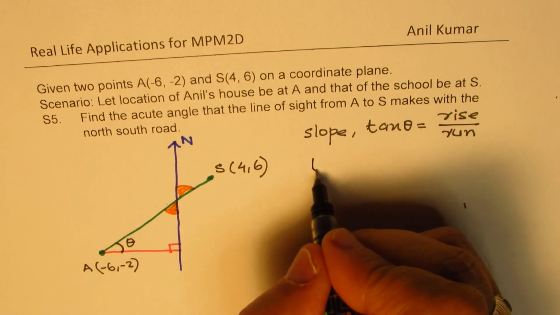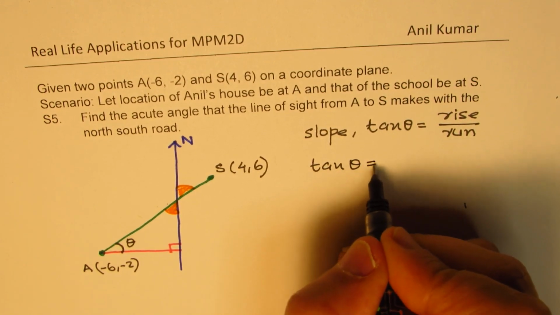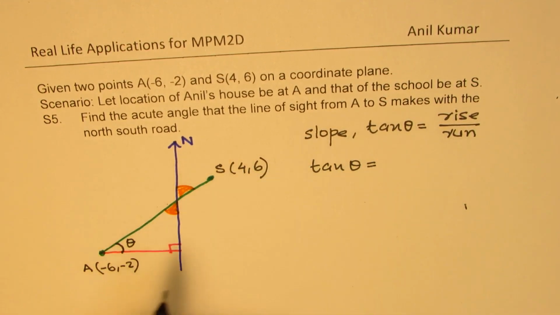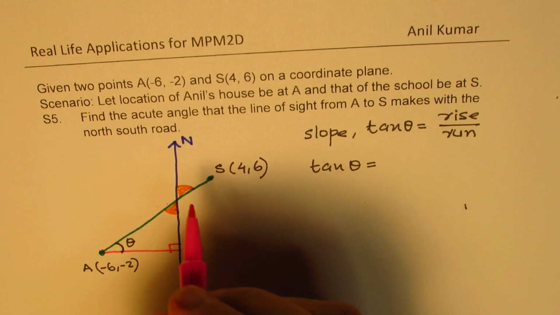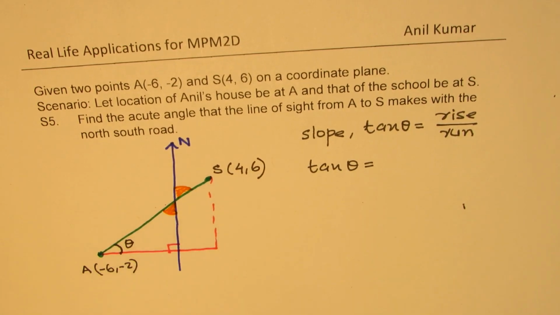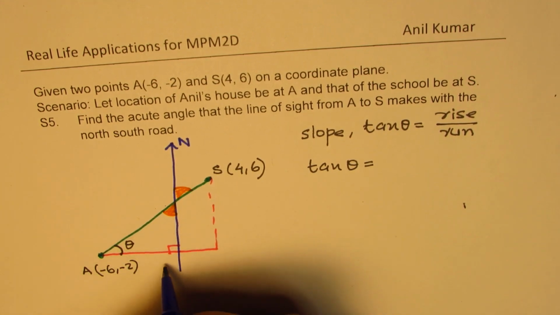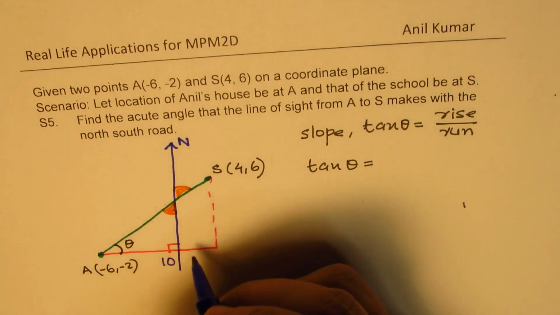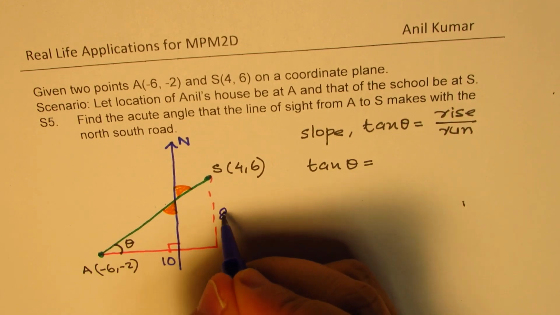So in our case, tan theta is equal to rise over run. We know the 2 extreme points, so we can extend this. This distance, from 4 to minus 6, is 10, and going up from minus 2 to 6 is 8, right?